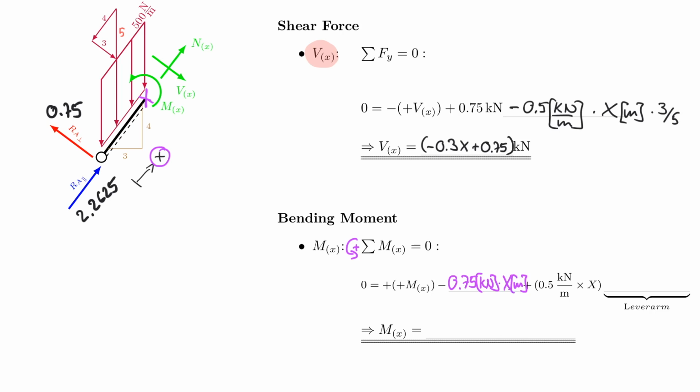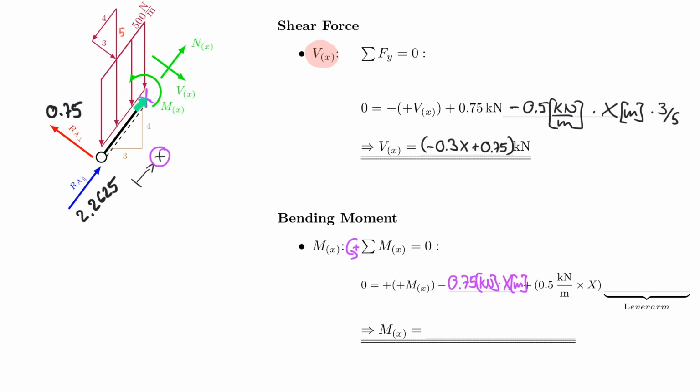All right, so I have that component covered, and now I also have to include the 0.5 kilonewton per meter times x. So that would be 0.5 kilonewton times x.